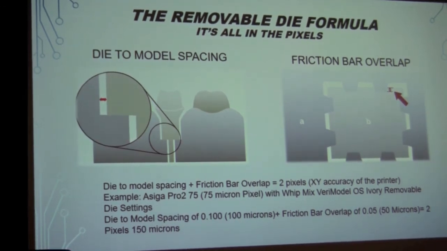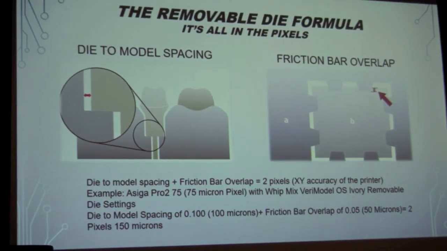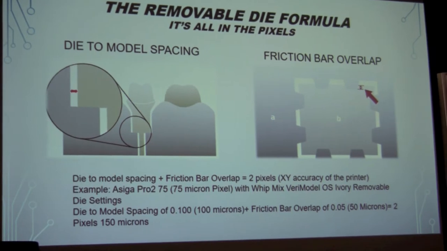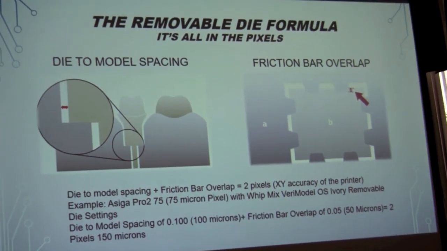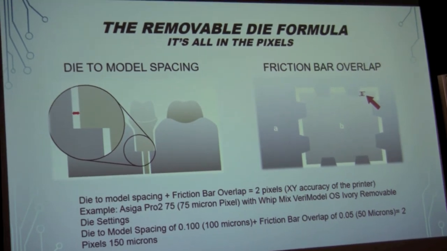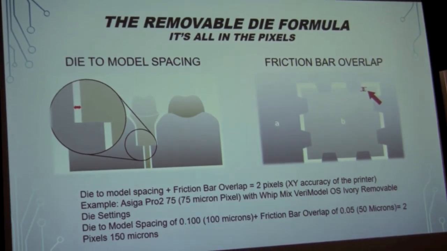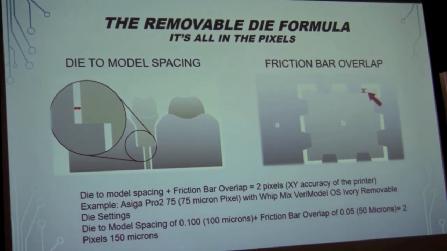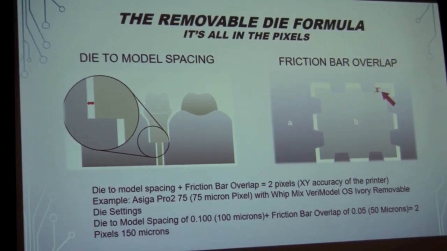The two main settings are die to model spacing and friction bar overlap. The correct way to do it is to take the die to model spacing value, add it to the friction bar overlap value, and you want that to equal 2 pixel widths, the XY accuracy of the printer.